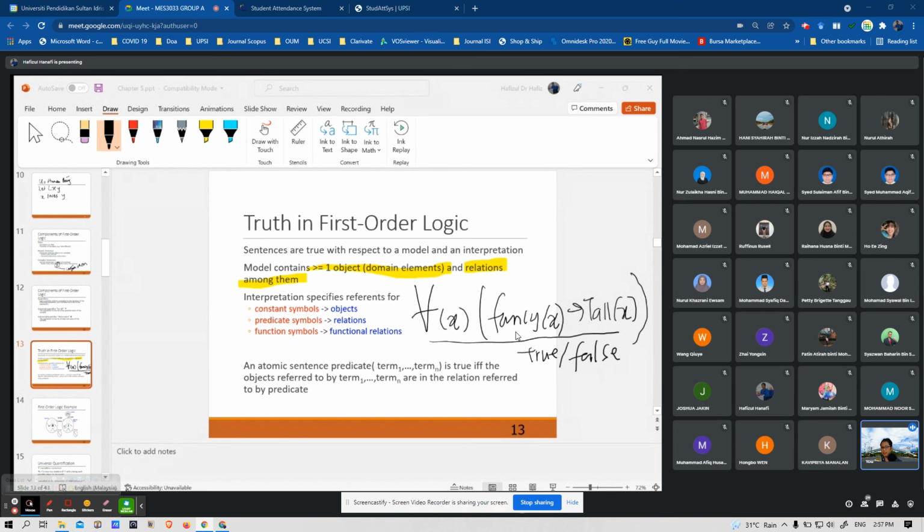Because of that, we can call each of these descriptions an interpretation of the predicate symbols fancy and tall in the domain of N. With the first one, we can conclude that for all x, fancy(x) implies tall(x) is true.